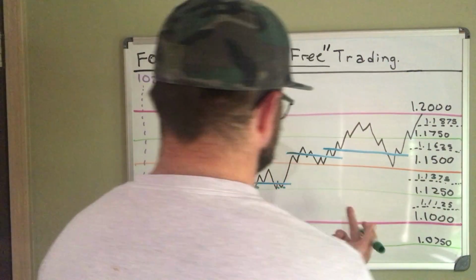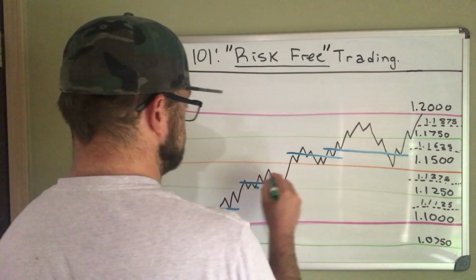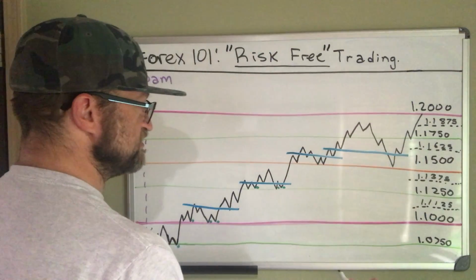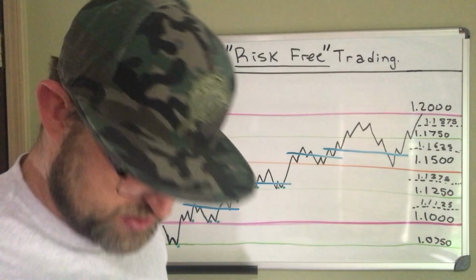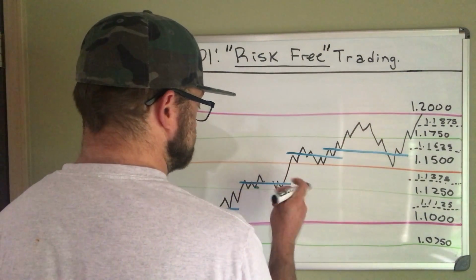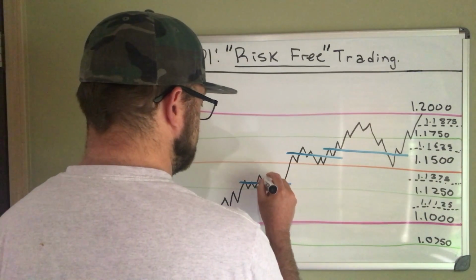And now if you can get above here, this is a major level. A lot of times what you'll see is price reject off of this level.